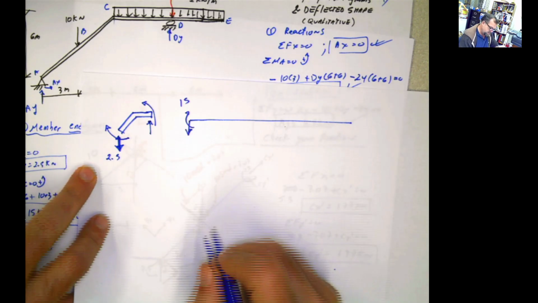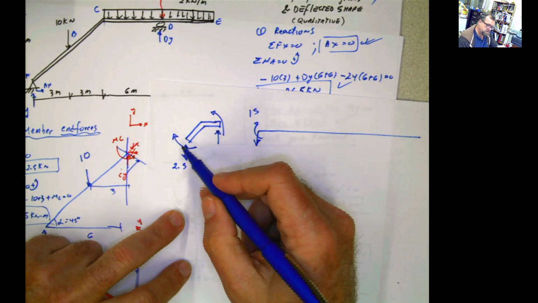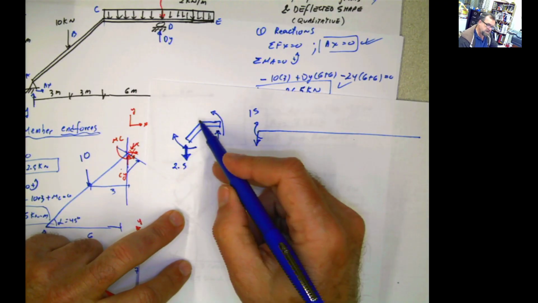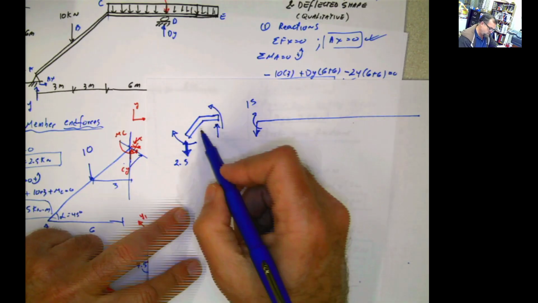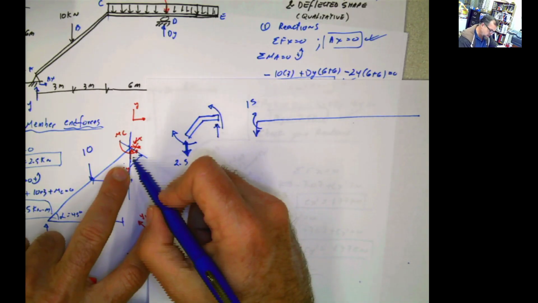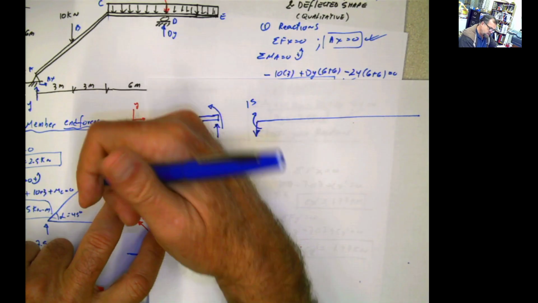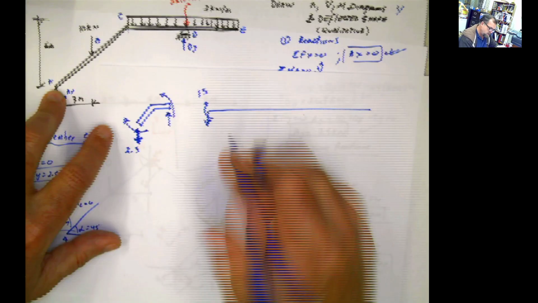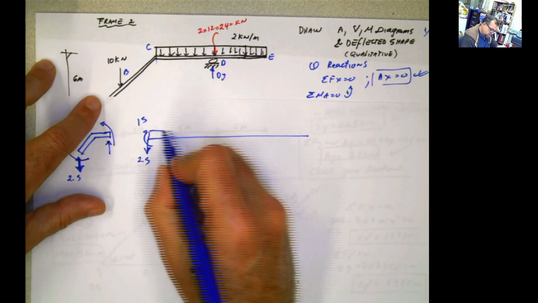That's what happens. It doesn't worth it doing this because we don't have any concentrated forces or moments here like the next example that I'm going to do. But for this example, you just can come here and say, oh, if this is up, it's going to be down here. If this is counterclockwise, it's going to be clockwise here. And this is 2.5. And then you have the rest of these.